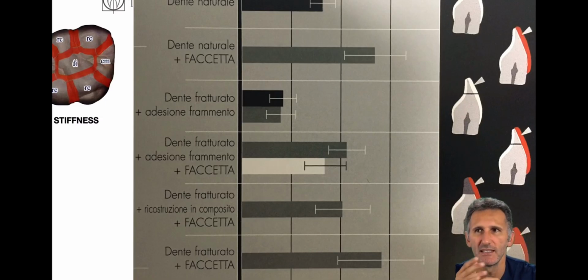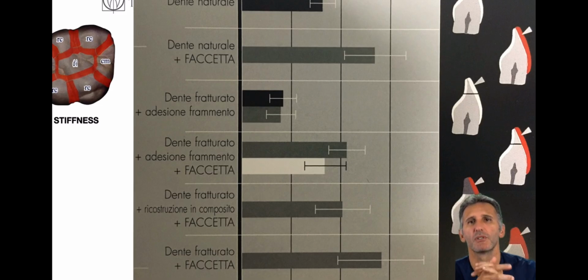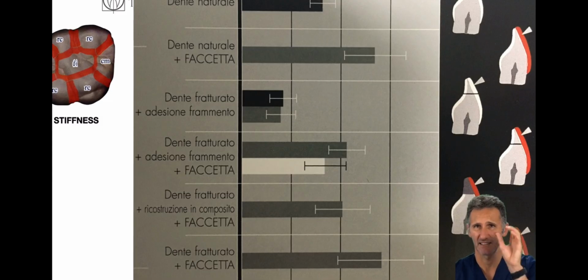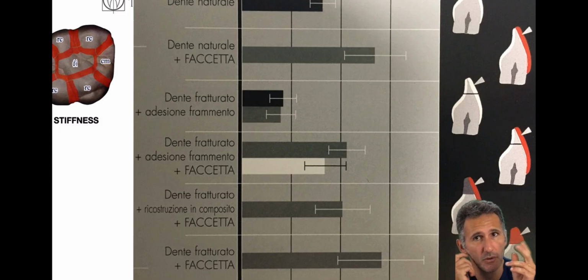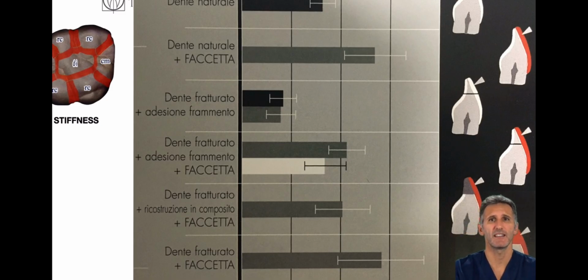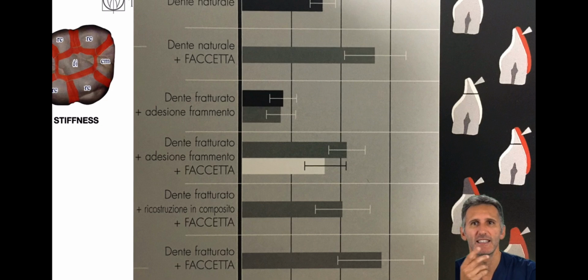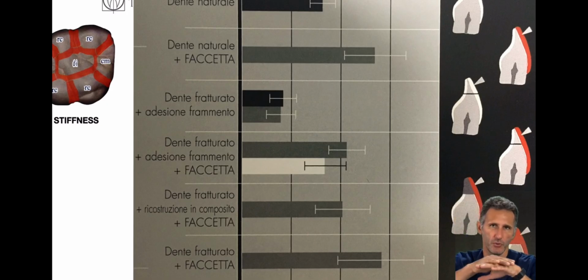of ceramic. This is an image from the Pascal Magne book, and we see that if the natural tooth on the top of the image is the reference strength, in the second row, adding a veneer to a natural tooth, the final stiffness is even more. And the same happens, for example, when we add the veneer to a tooth with a broken part, or with a composite restoration plus a veneer.